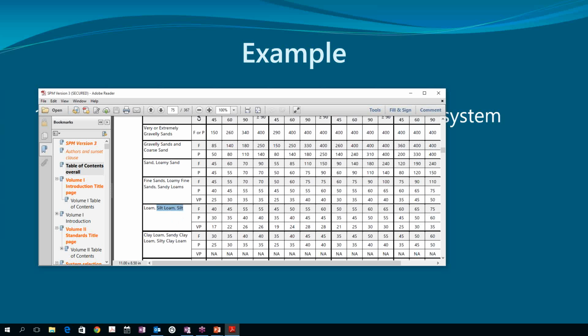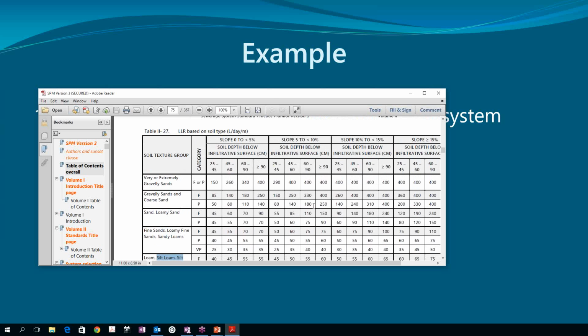It was a poor category, silt loam. The slope was 6%, which puts us over here. 30 centimeters of native soil puts us there.